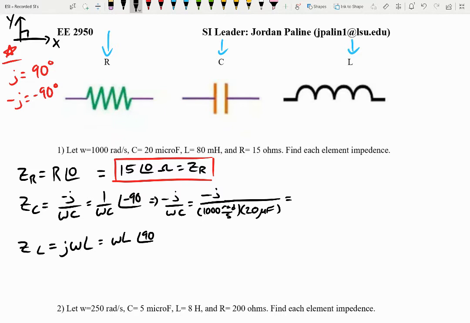So when we type all that out, we will get negative J 50, which is the same thing as saying 50 at an angle negative 90. That's the impedance of C.